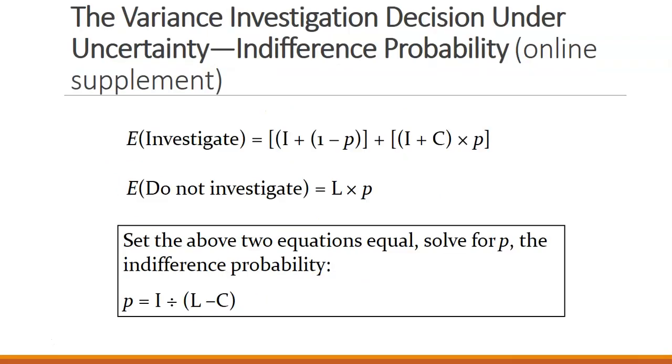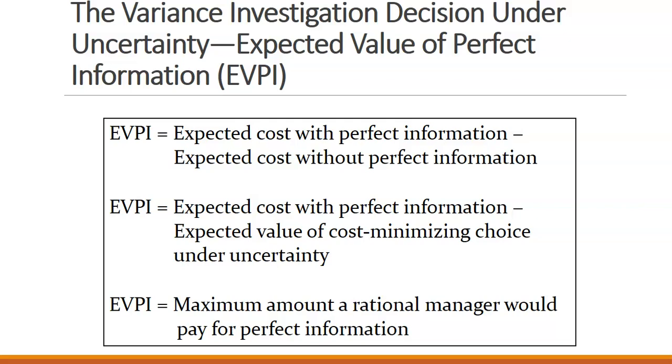We would set the two equations equal and solve for this indifference probability. That's the point at which it doesn't matter whether we investigate or not. This gives us the expected value of perfect information.